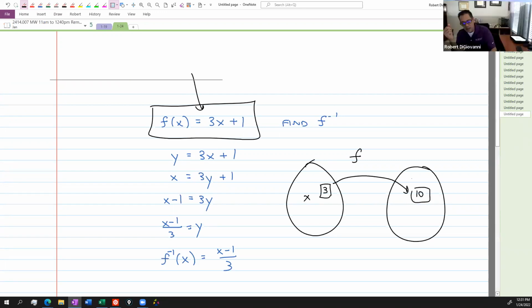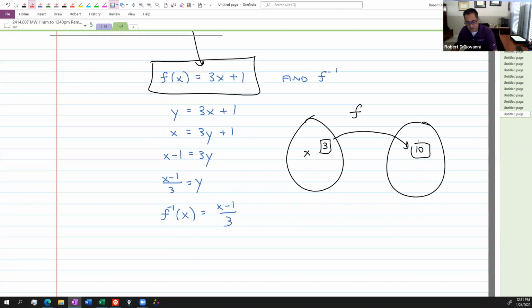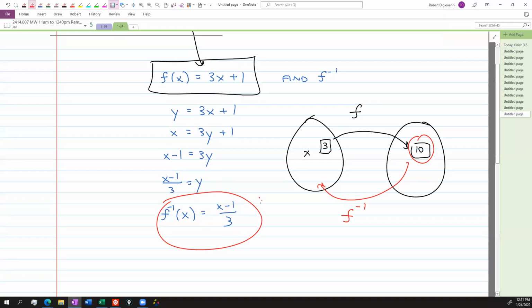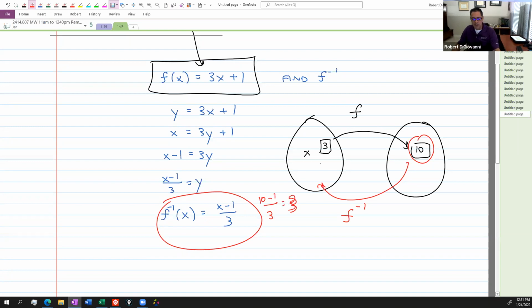And now if you take that 10 and plug it into the inverse function, what happens when you plug 10 in here? You get 3. So it sends it back to 3, right? That's what the inverse function does. It sends it back to where it came from. That's exactly what I'm trying to do right now.